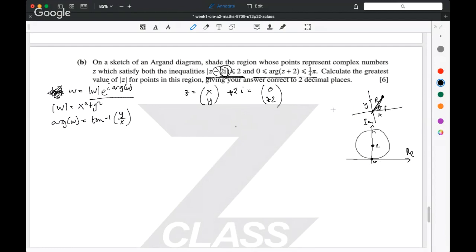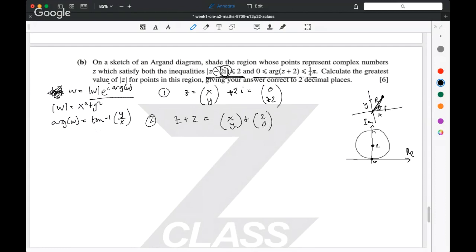Well, that's done. Now, what about the other one? So this is saying that the argument of z plus 2 is between these two limits. Okay, so this was the first one. So now the second one. Well, z plus 2, that's just x plus 2, y, because 2 is just a vector with no imaginary part, only a real part.